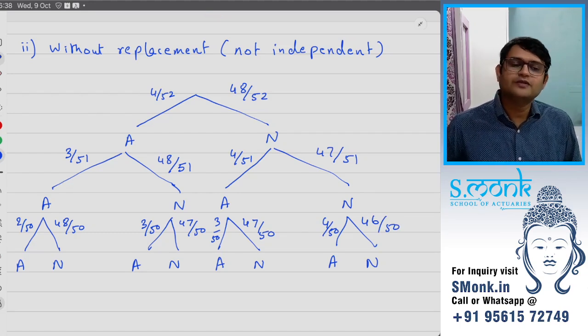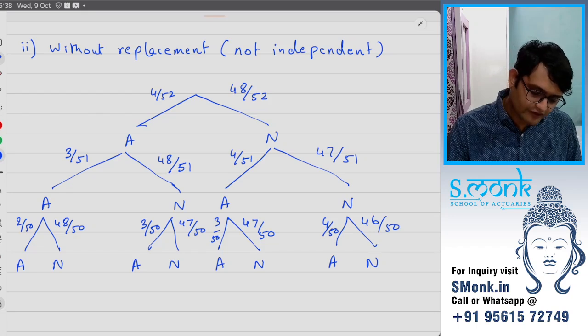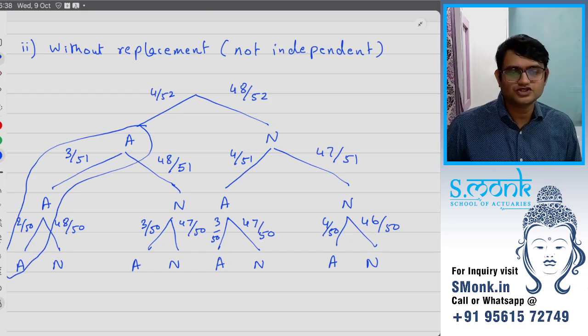These will be the probabilities, and if I want to find probability of getting all 3 aces, I'll have to multiply all of these 3 branches.